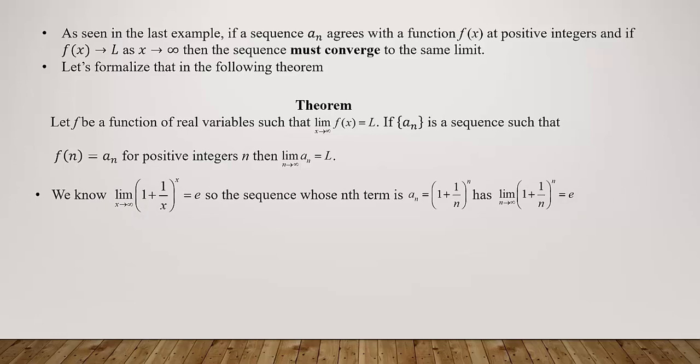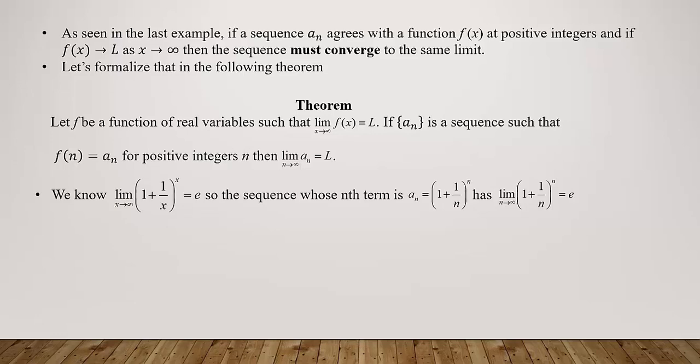Here's something that we know from Calc 1, and I think we've seen it this semester as well. The limit as x approaches infinity of 1 plus 1 over x to the x power is e. We know that limit. It's a function of the reals. That tells us the sequence whose nth term is a sub n equals 1 plus 1 over n to the nth power has to have the same limit.